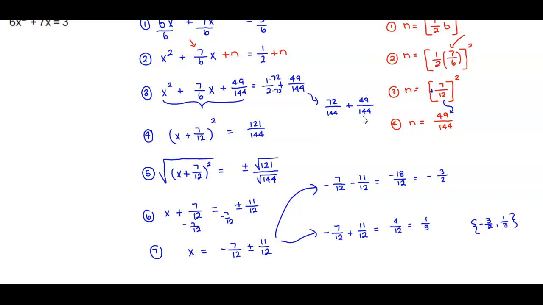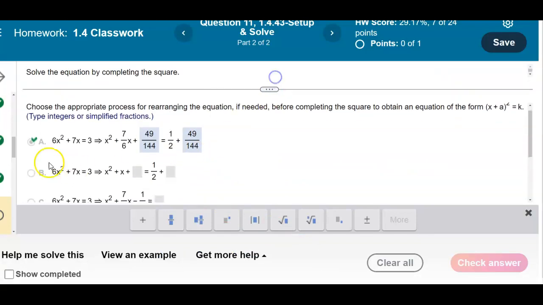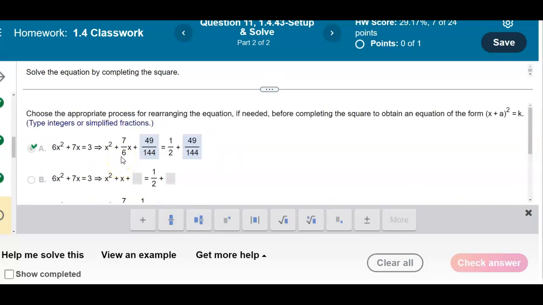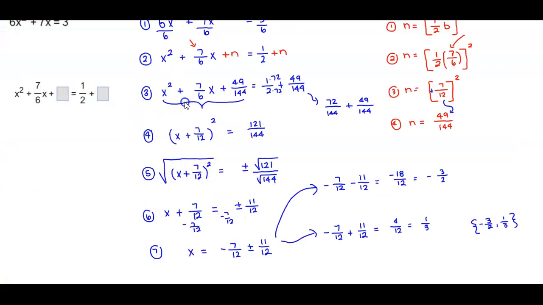Now, for the first part of the question, they wanted us to figure out which one of these options this represents. Over here, I've already put the answer in, but it's saying choose the appropriate process for rearranging the equation. So we need to figure out which one of these represents that particular result. If you take a look here, this step is the same as this step, only we need to fill in this part here, which is 49 over 144.